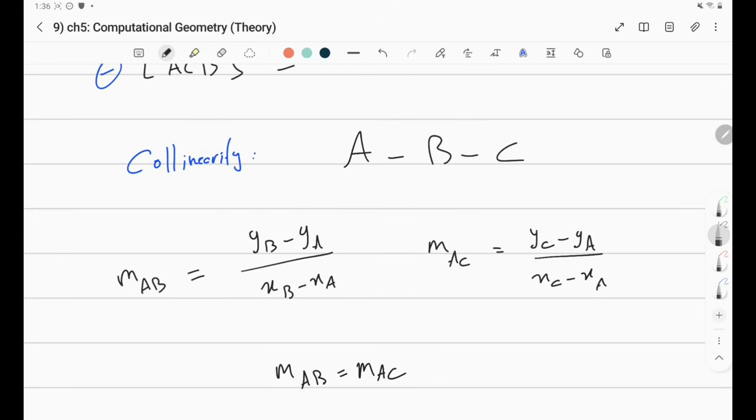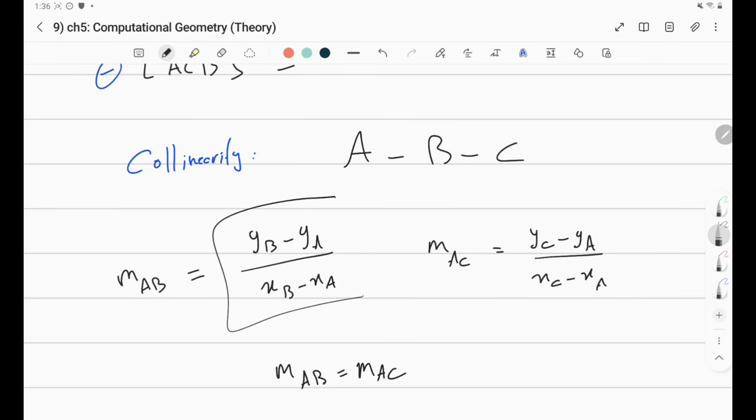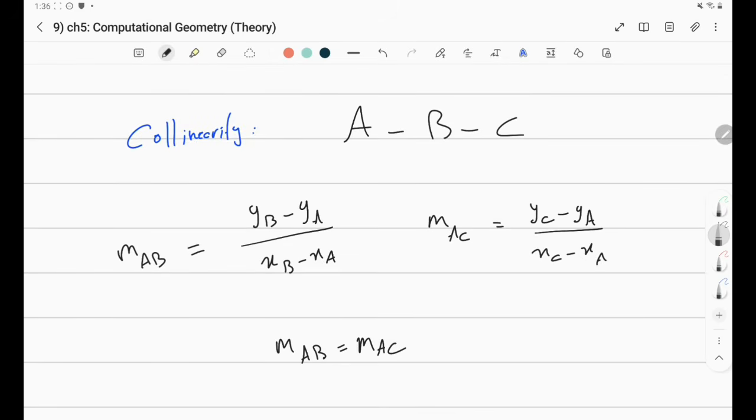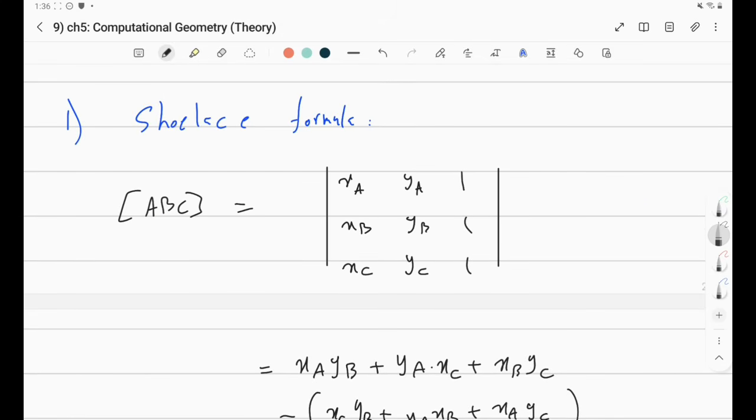Then if you go and check this and check this, you're going to suffer here, because you need to put in all of the ugly yb and ya and subtract them and do the same thing here. Of course you can do this, it's totally fine, but we have this nice idea that the area of ABC should be 0, right?